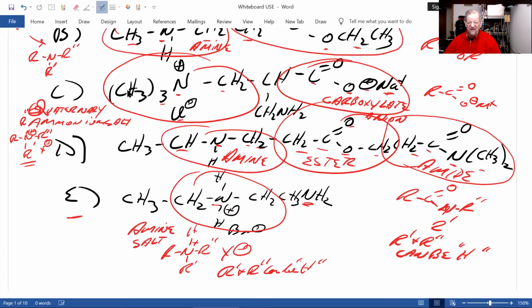Oh, we're not done. Nitrogen here, carbons, hydrogen. That should be C2. This is an amine. And remember, with an amine, R prime and R double prime can be hydrogen. In this case, they are.